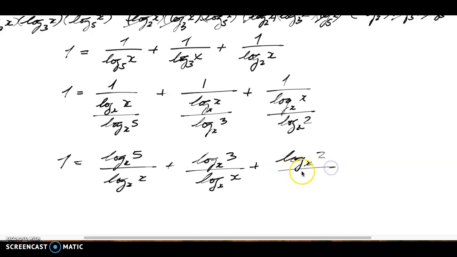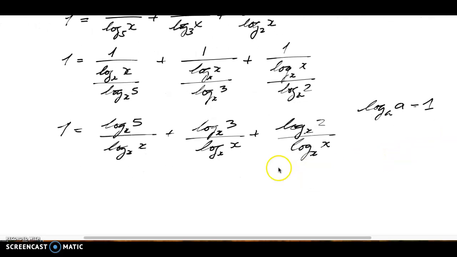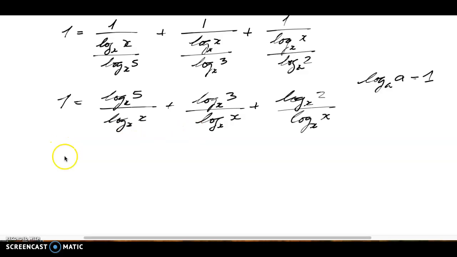Now, one rule: if the argument and the base are the same, it's 1. So everything you see here in the denominator is 1.